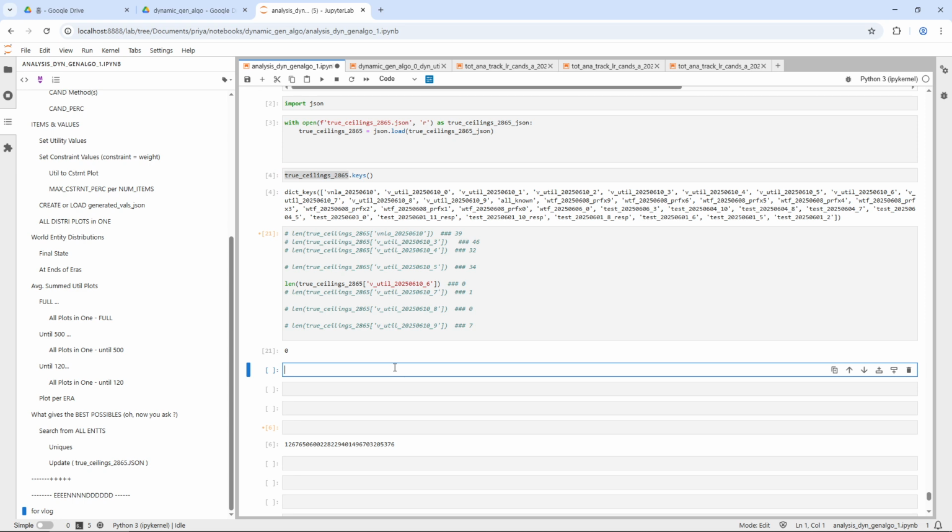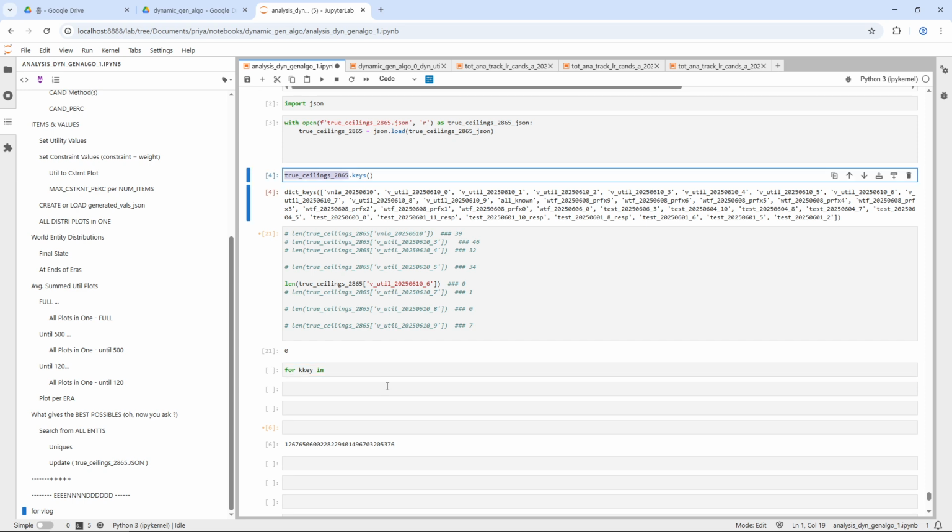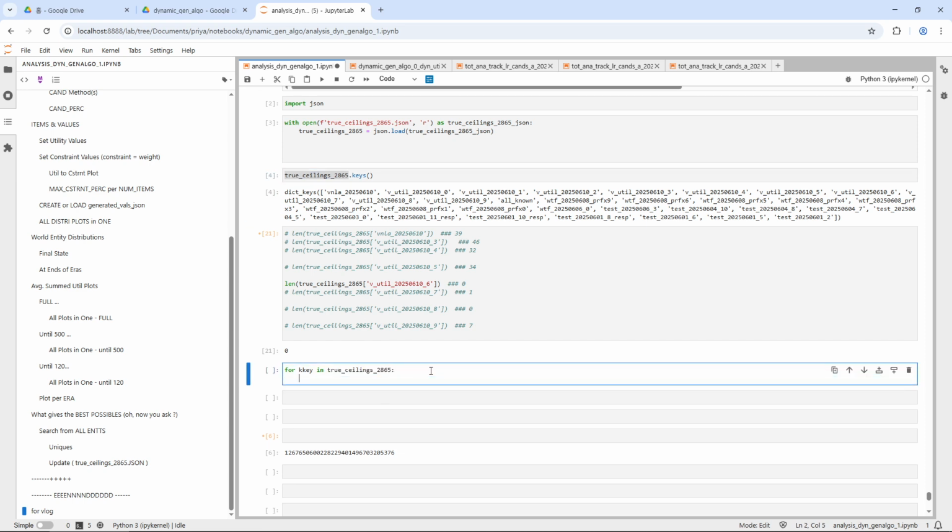programmer I am. So for item, for key in, oops, print, what else?